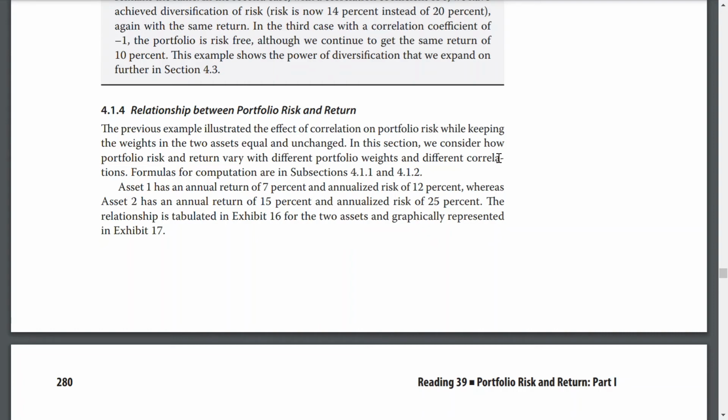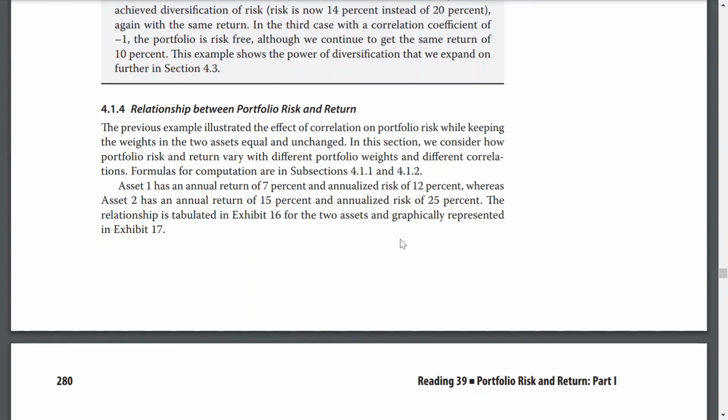Asset 1 has an annual return of 7% and an annualized risk of 12%, whereas Asset 2 has an annual return of 15% and an annualized risk of 25%. The relationship is tabulated in Exhibit 16 for the two assets and graphically represented in Exhibit 17.